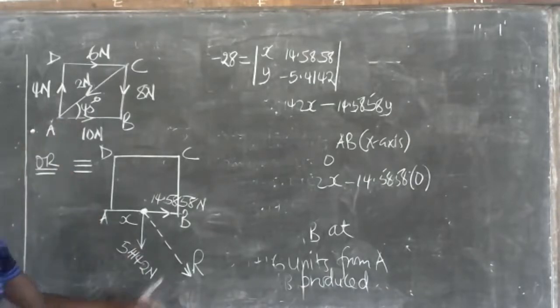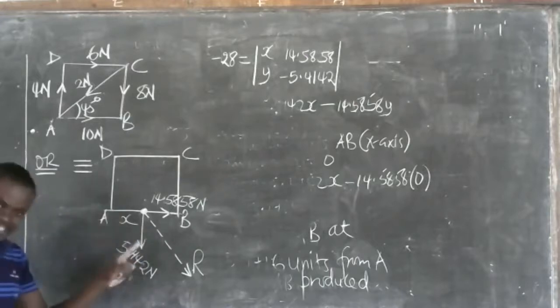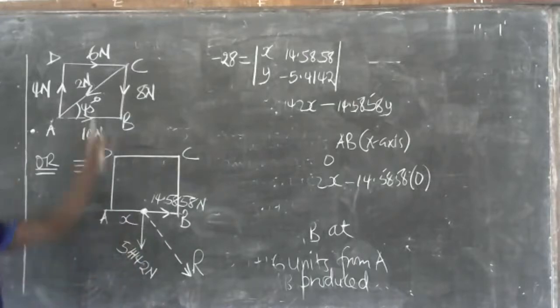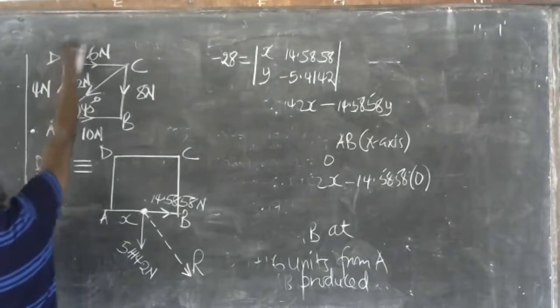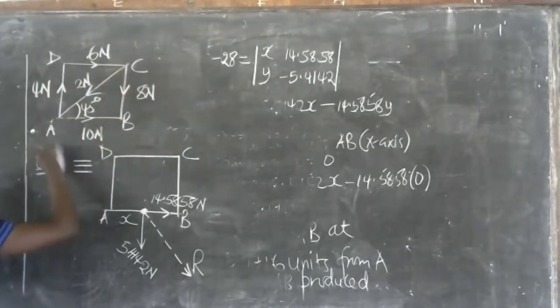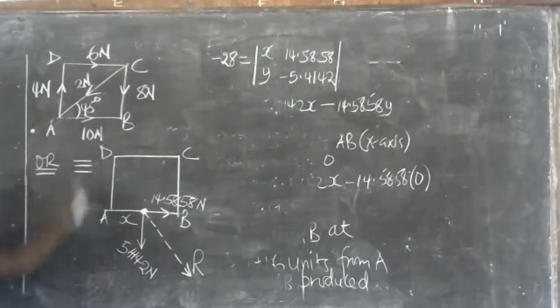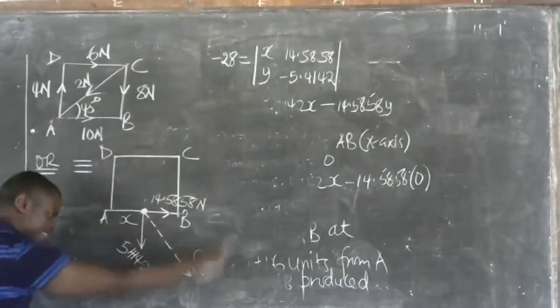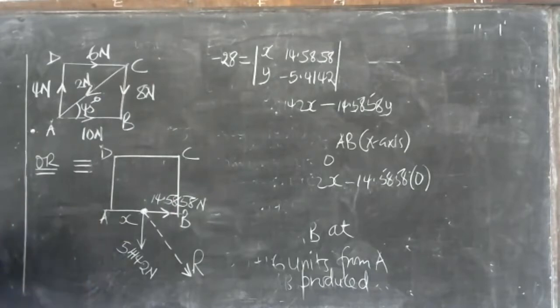Because this is a resultant force, it is exactly a full representation of the previous diagram. Meaning, when you take moments, the sum of moments in this diagram about a point should be equal to the sum of moments in the other diagram about the same point, because it is ideally the same force diagram: many forces, or a single force with its components.